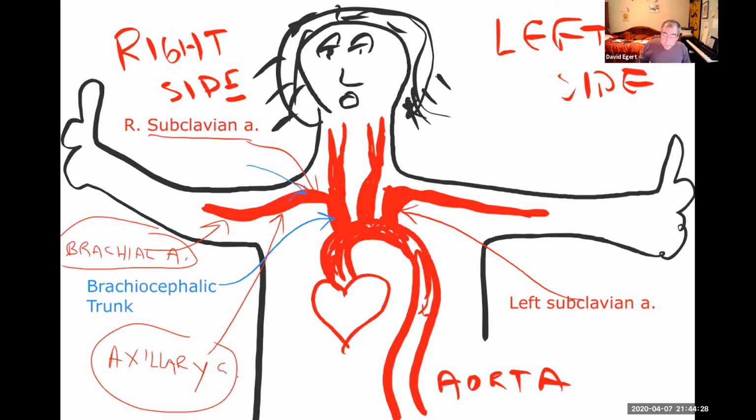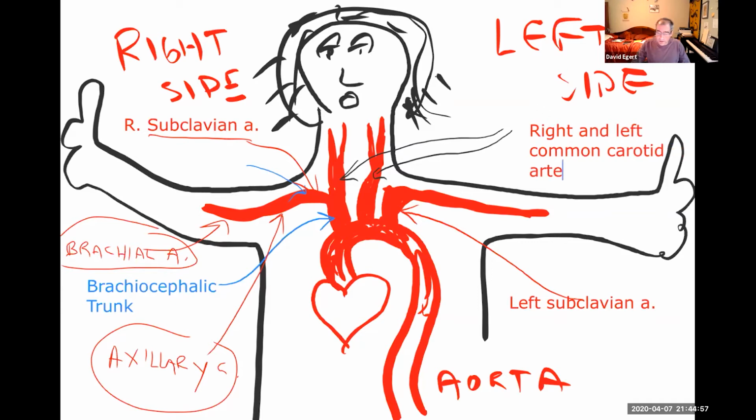Meanwhile, we also have the arteries going up into the head. The arteries that are going up into the head are called the carotid. And these are called the right and left common carotid arteries. So those are the ones that are heading up into the head.